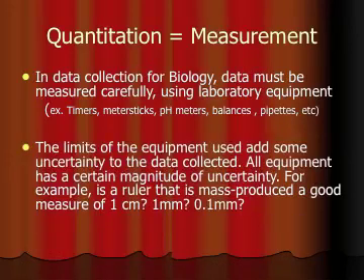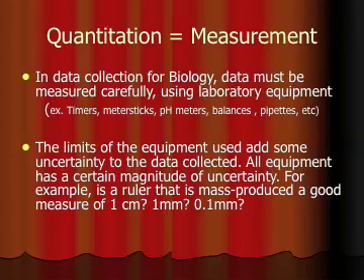Okay? Now, the limits of the equipment that is used, for example, a balance or a ruler, it has a limit, and this limit adds some uncertainty to the data collected. All equipment has a certain magnitude of uncertainty.